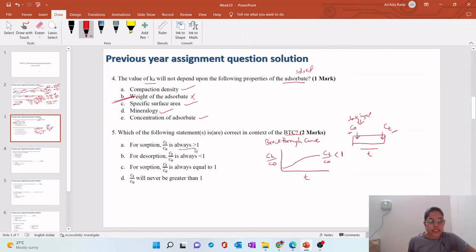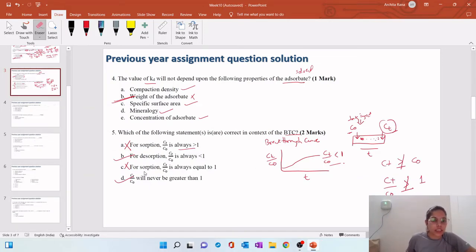So it can never go more than 1. And so D is correct, where Ct by C naught will never be greater than 1, because the final concentration can never be more than the initial one. And for desorption, it always has to be less than 1. So the answer is B and D.